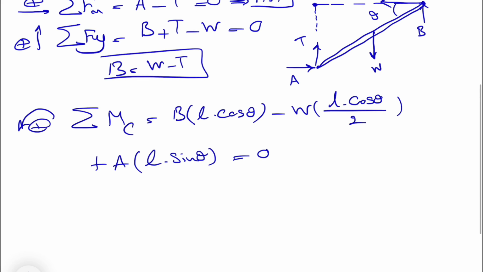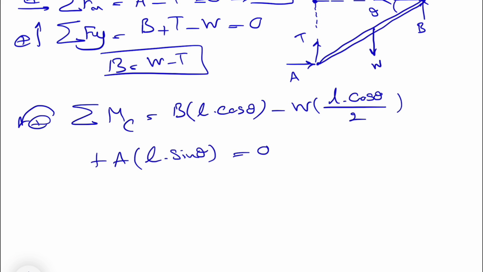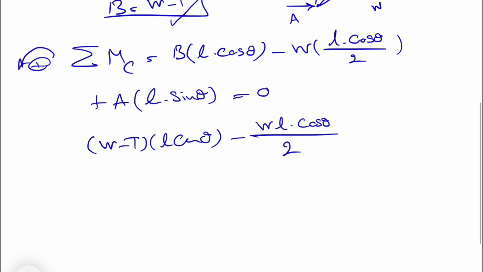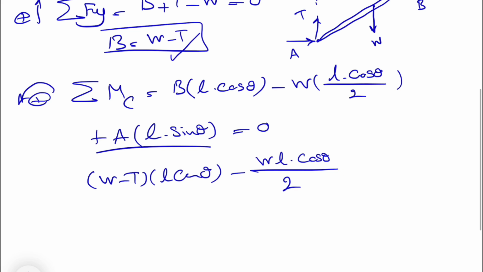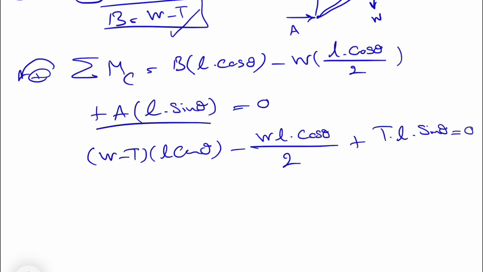We're just going to put in, instead of B and A, what we have found in the previous part. So for B we have W minus T times L cosine of theta. The second is already based on W, and for the last moment, we know A is equal to T, so we have T L sine of theta. Dividing each side by L, we can get rid of the L's.